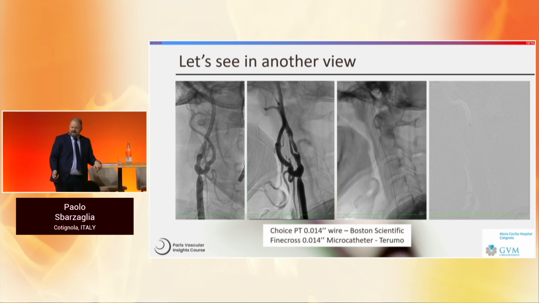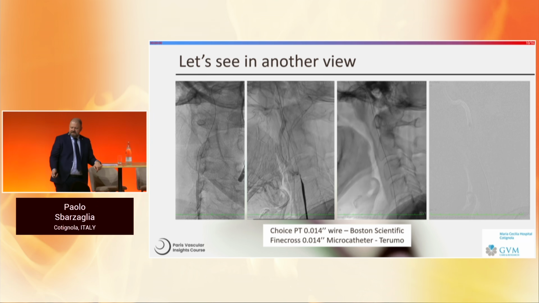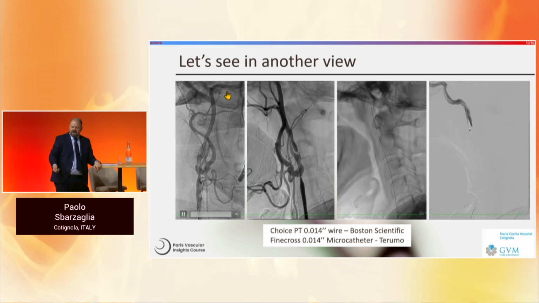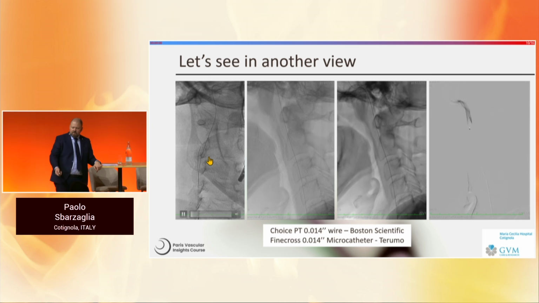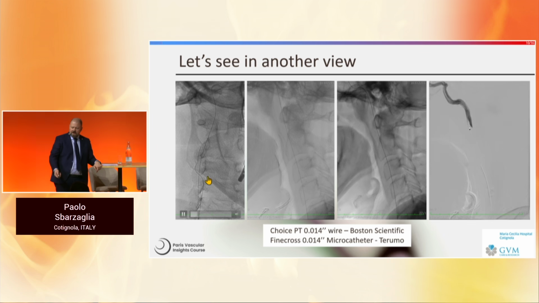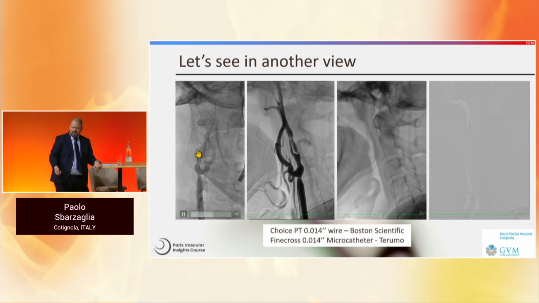So what you can see here is that the second wire, which went very, very easily, was in the right lumen after the stenosis, and the other one was getting stuck in the wall.